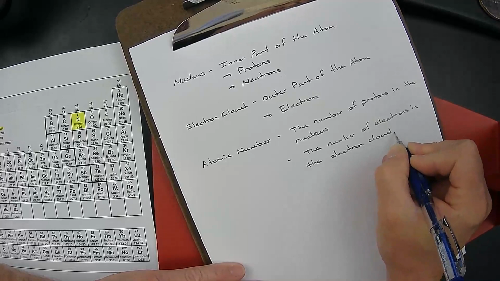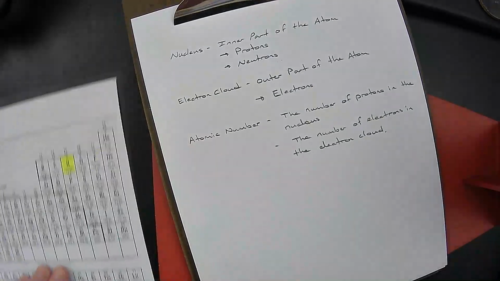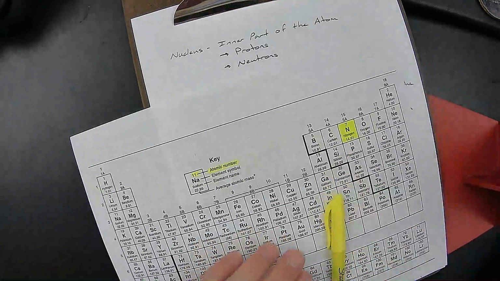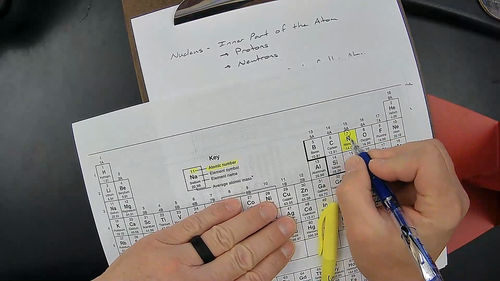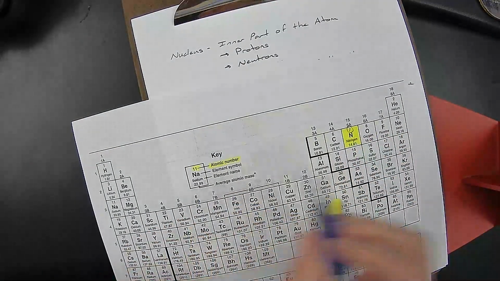So that atomic number is going to be very, very important. Here, for nitrogen, the atomic number is 7.